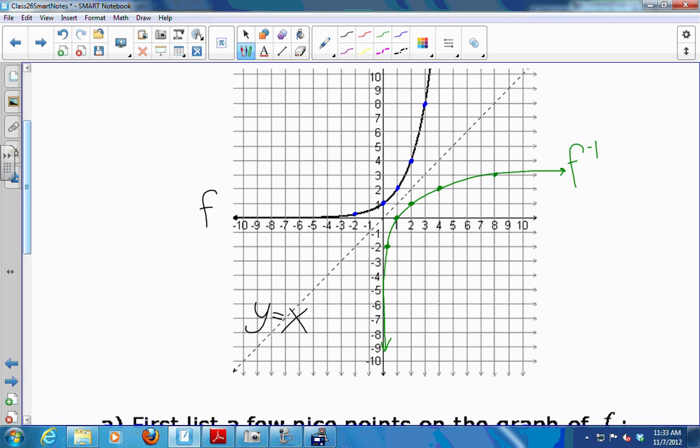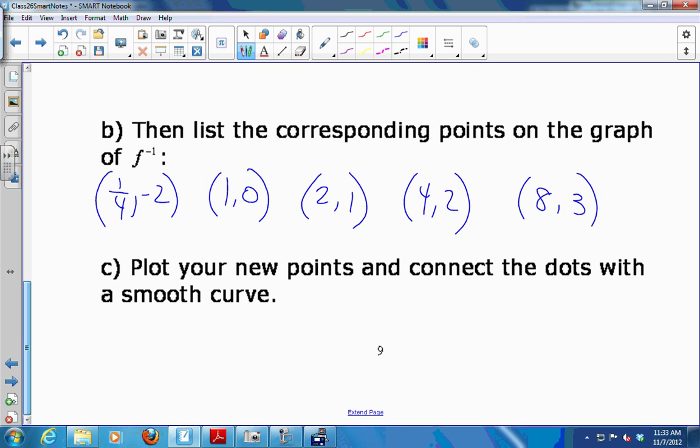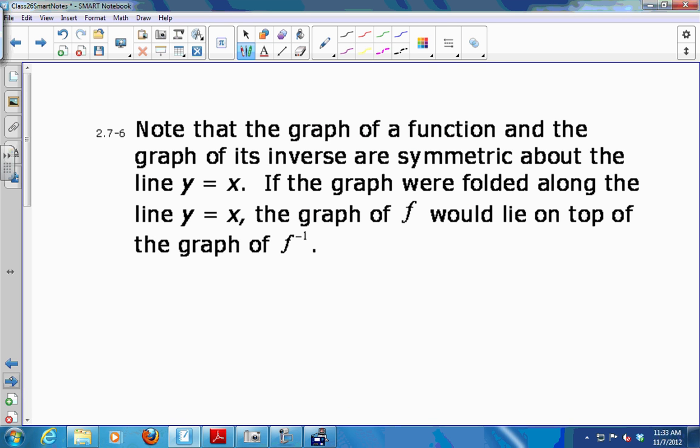They're mirrors of each other over the line y = x. So the graph of a function and the graph of its inverse are symmetric about the line y = x. If you fold along that line, the two graphs would lie on top of each other.